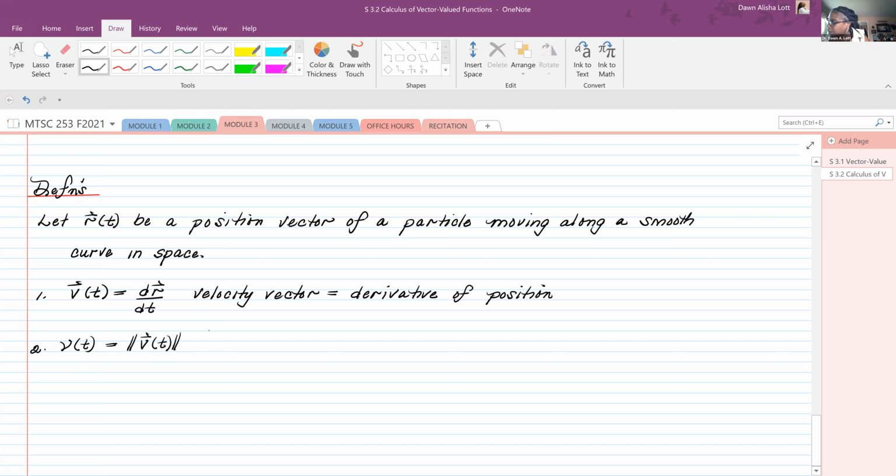This is the speed, and it is equal to the magnitude of the velocity vector.